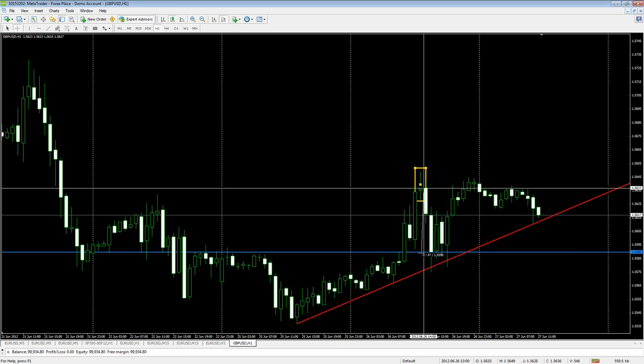It's still over 40 pips, so the risk-reward ratio is at least 2 to 1. And in this case it was almost 3 to 1, so it's quite good.